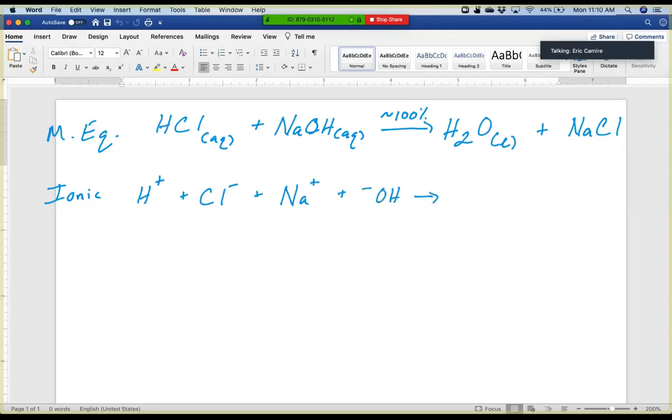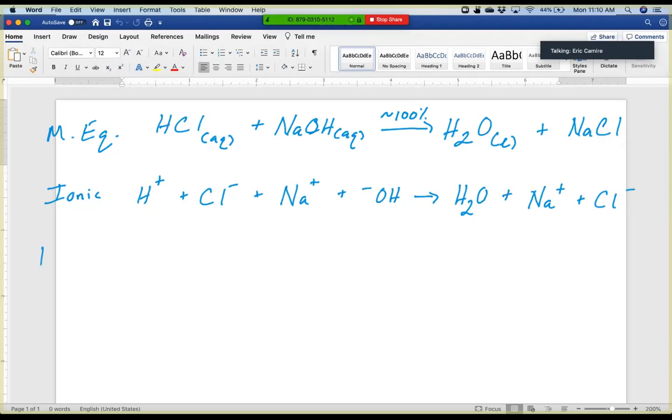We have our unidirectional arrow. Water is molecular, so it stays as water. And then sodium chloride is also a soluble salt, so we can break that up. I did leave out the states of matter because I feel like it's going to clutter up what I'm trying to show, but you would put your states of matter as well. Everything would be aqueous except for the water.